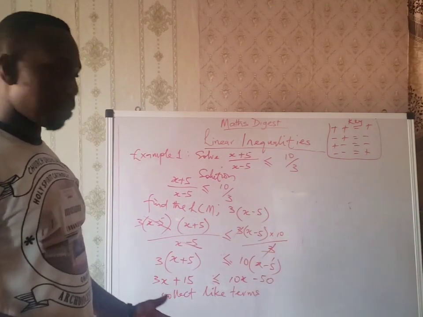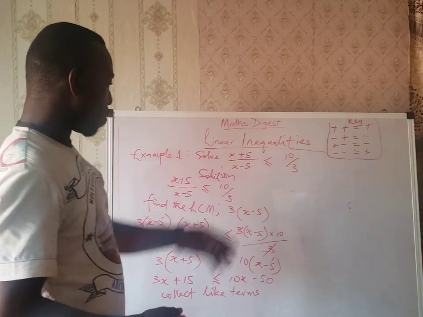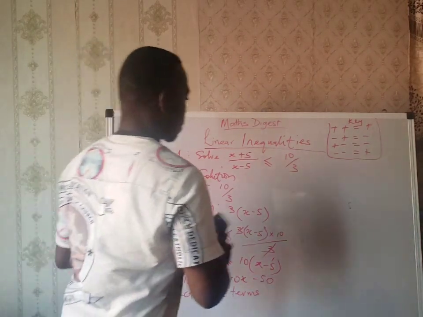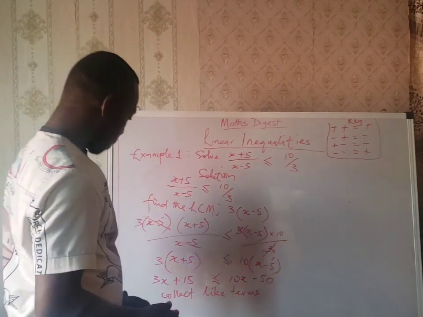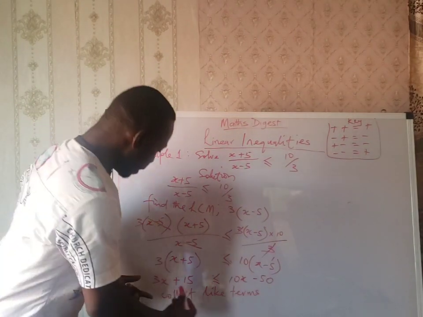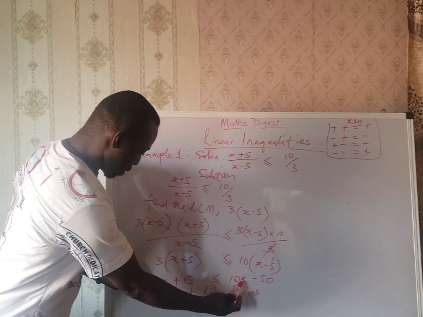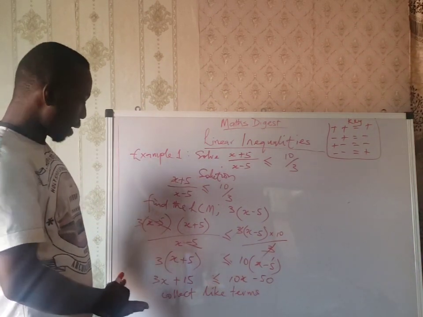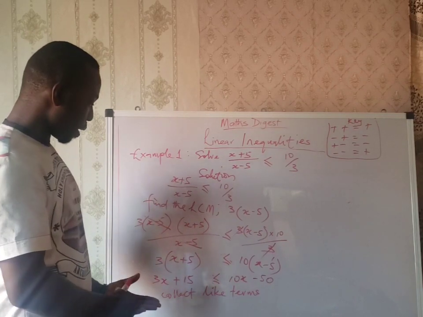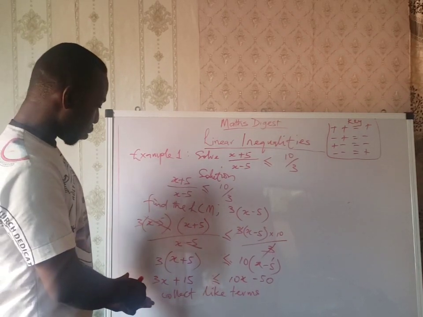Okay, collecting like terms now. Let's move over to this side of the board. Now, this 10x and 3x will meet at a particular side of the inequality.